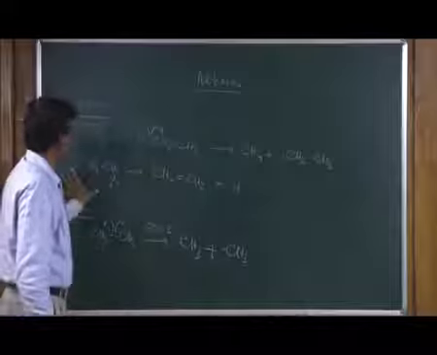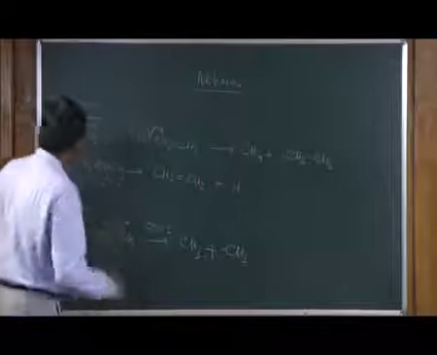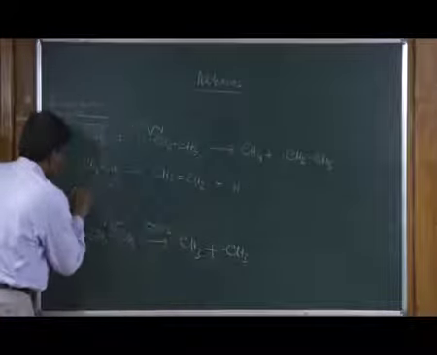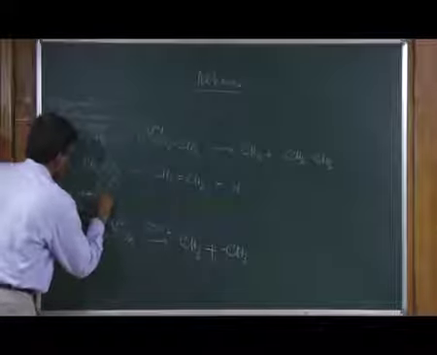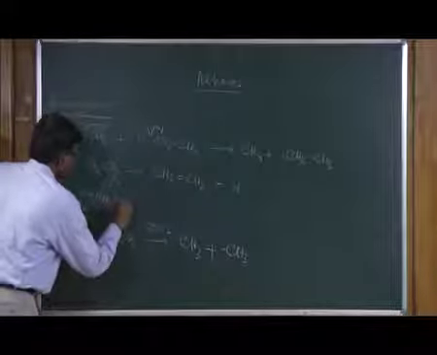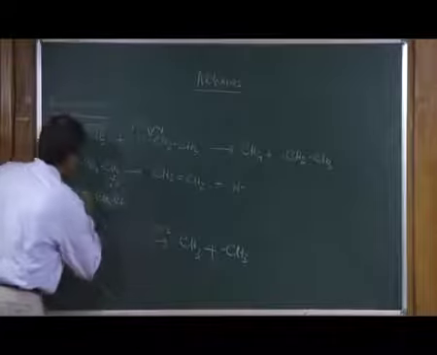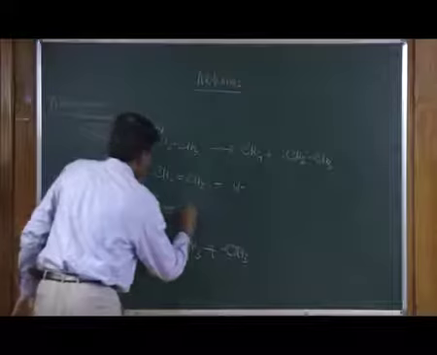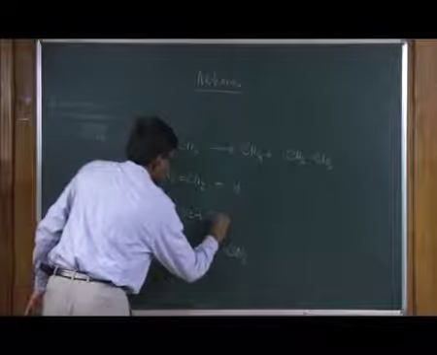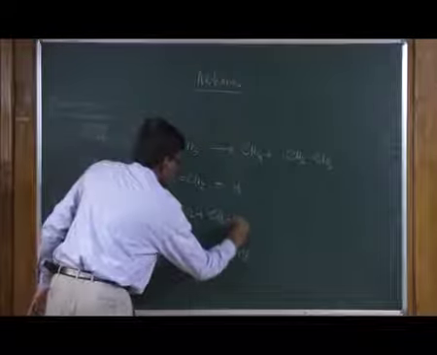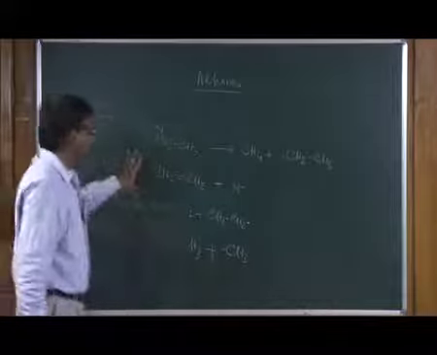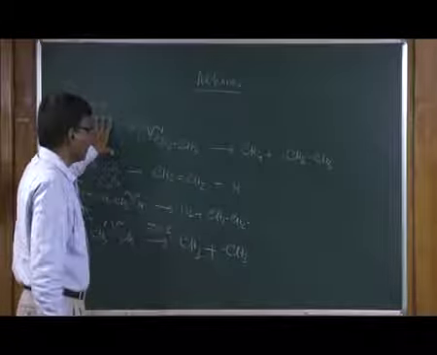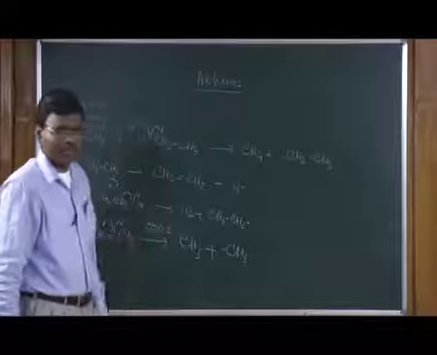This hydrogen radical now reacts with ethane, and you produce H2 plus ethyl radical. This can go on like this, a repetition of these steps. This is called the propagation of the reaction.